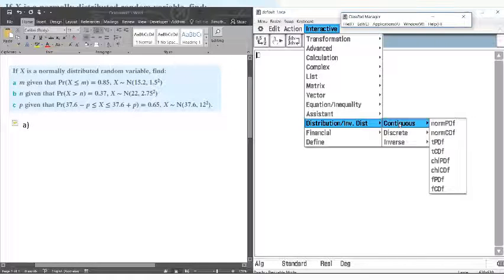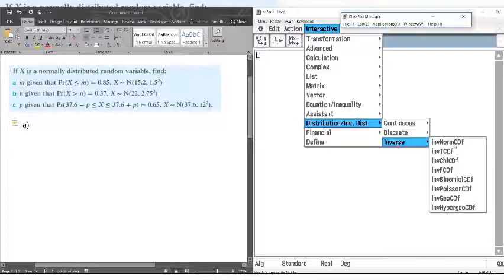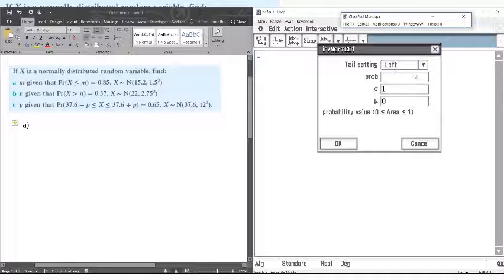When we're putting it in the normal distribution, we want the inverse, so we need to set the tail end to be either on the left or the right or in the center. If it says tail end to the left, then I can draw it on the screen.